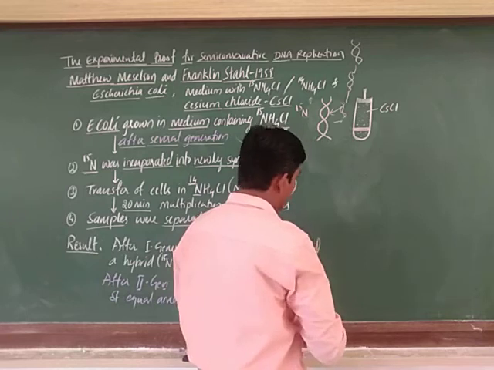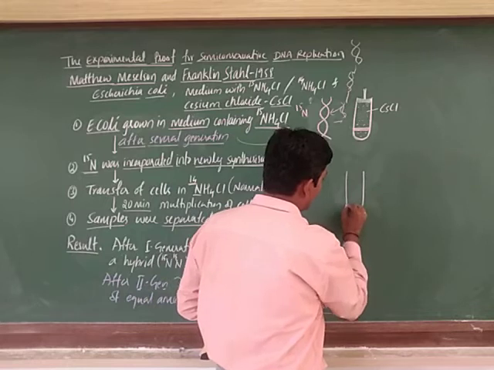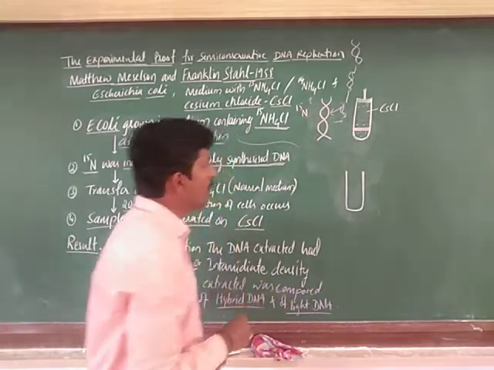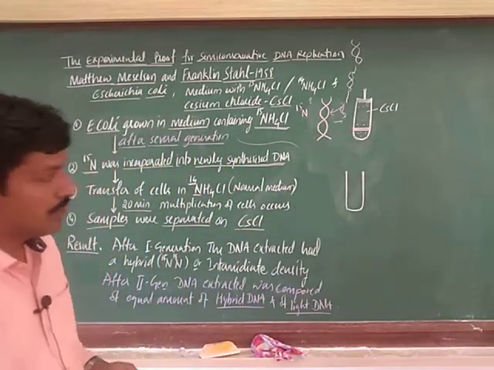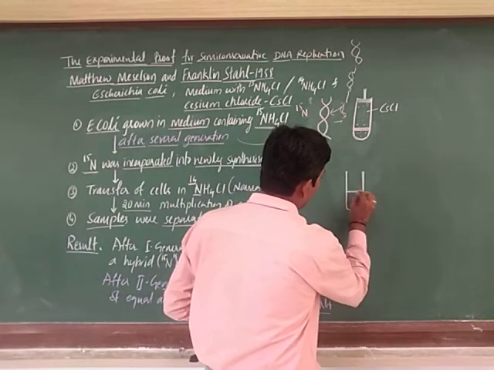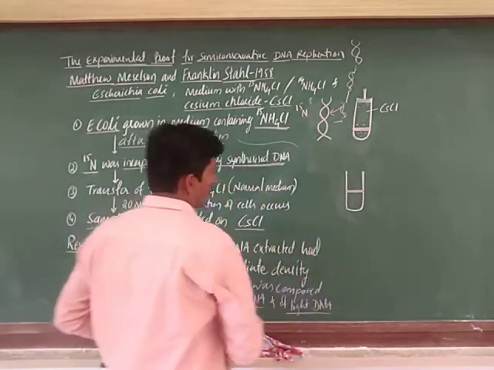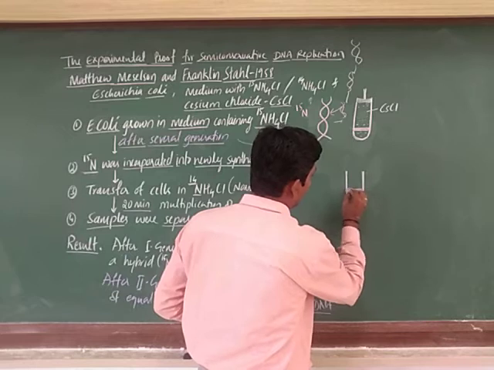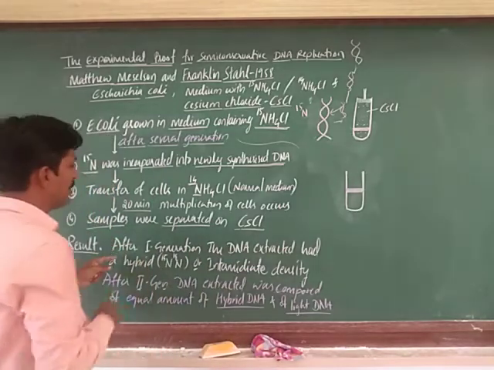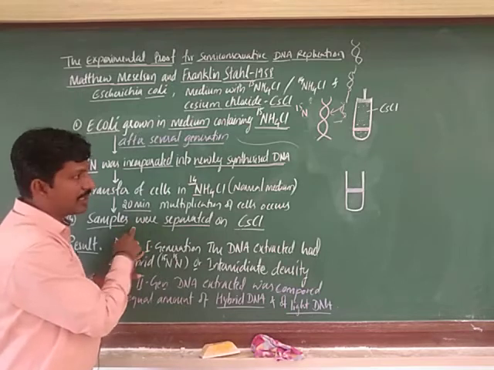So, in this centrifugation, what they observed is, see, they observed a band here in the middle, and even something of light color also, right. So, this is what we refer to as the result they get after the first generation. This is what after 20 minutes means, that is the first generation.